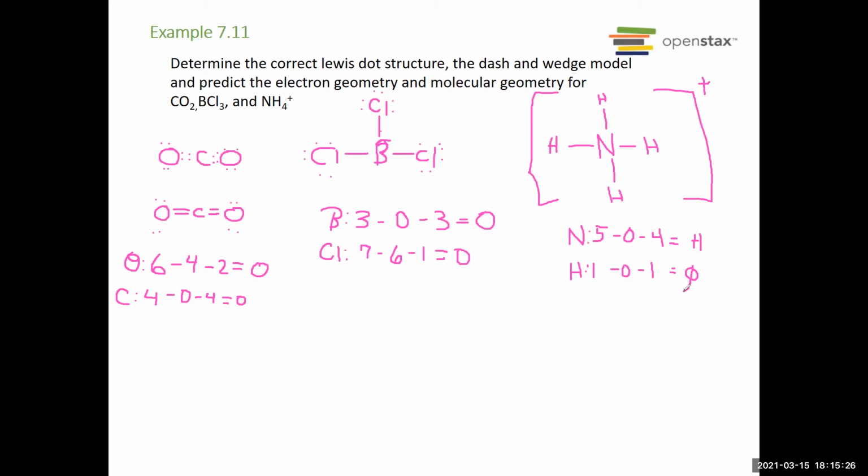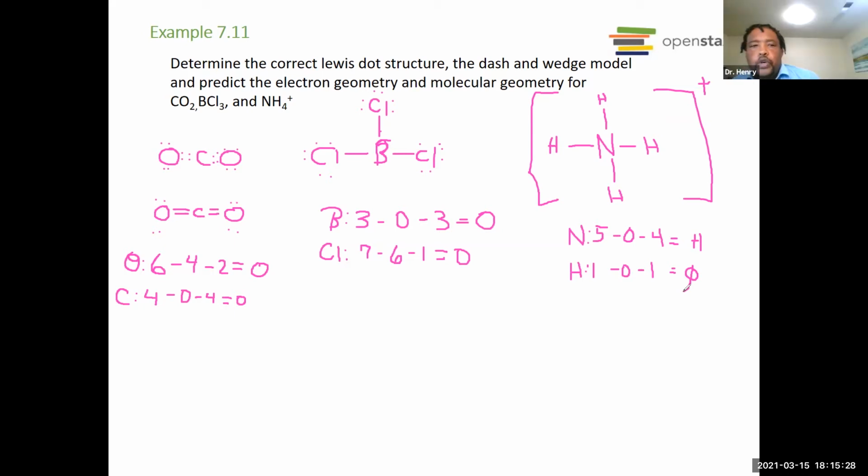Okay, so when we talk about the wedge dash diagram, that's mainly when we're trying to show things that are three-dimensional. The wedge represents what's coming out towards you.